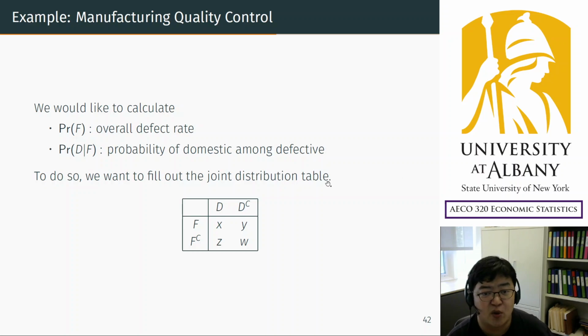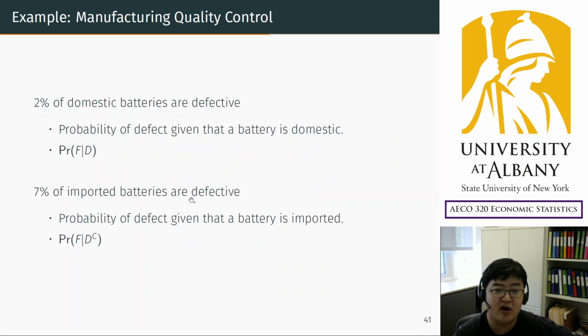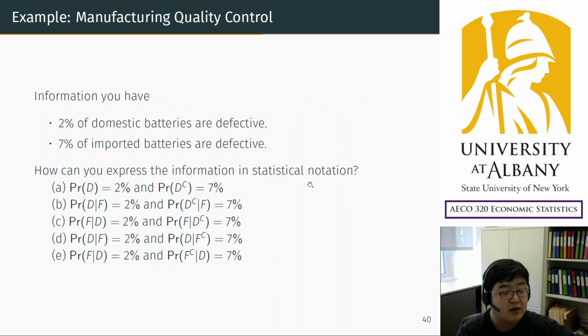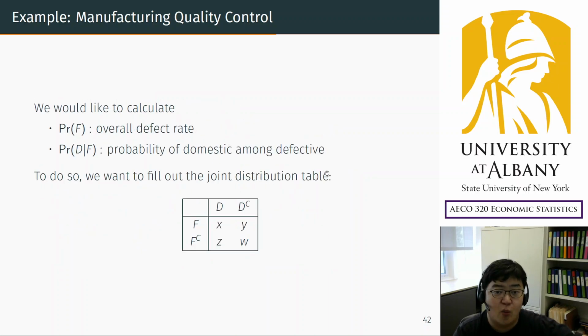And then, as a manager, the information you have are these numbers, 2% and 7% defect rates, and the ratio of suppliers, how much proportion of suppliers among your batteries. That's all the information you have. And in the end, what you care about is this.